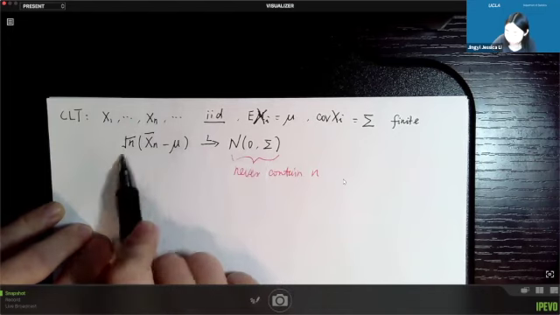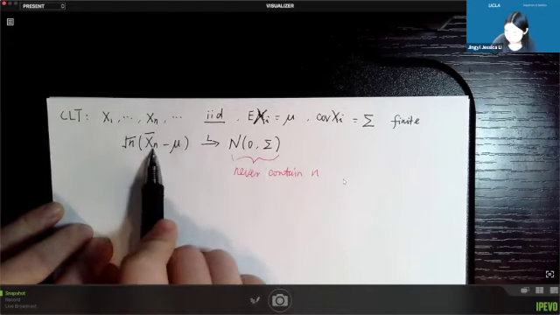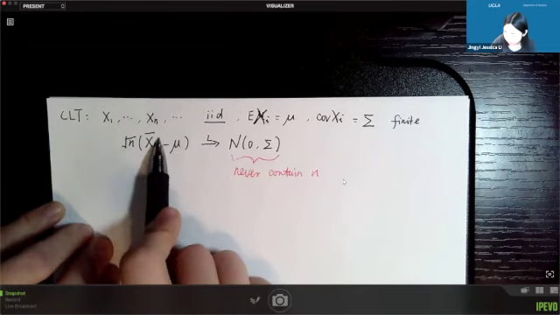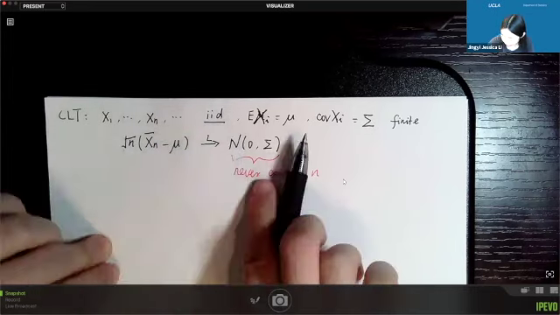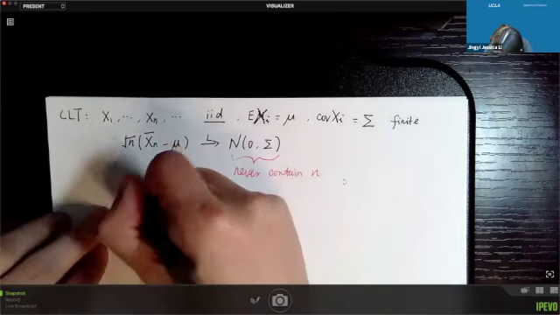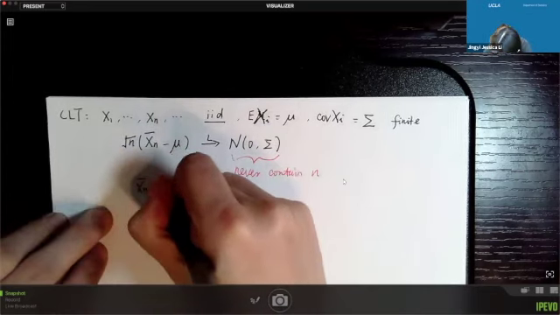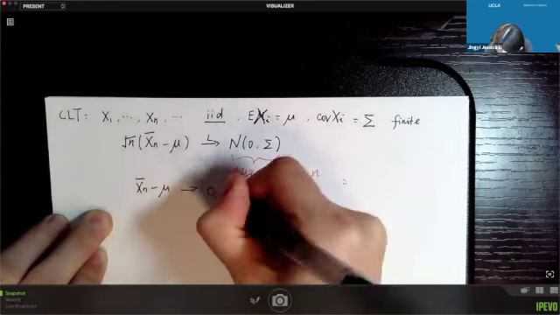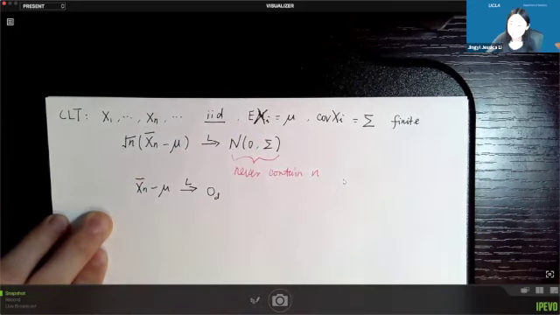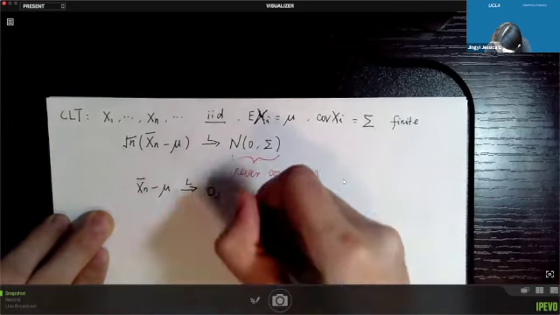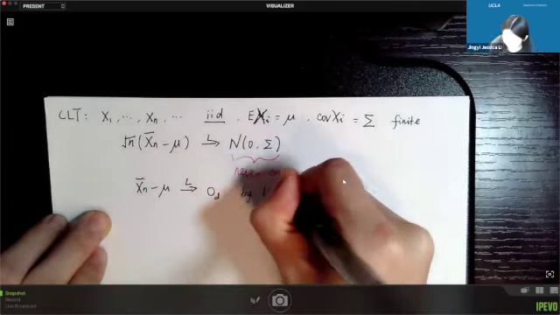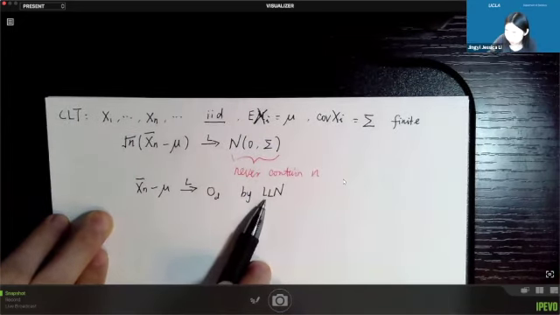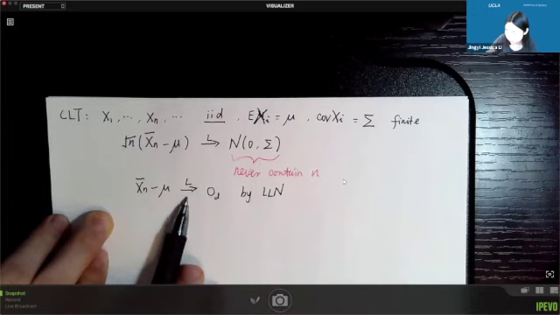If we don't multiply the difference by root n, then we can only write xn bar minus mu converges to 0, a 0 vector, d-dimensional, in law. This is just by the law of large numbers. Either the strong or weak law of large numbers would imply this convergence to 0 in law.